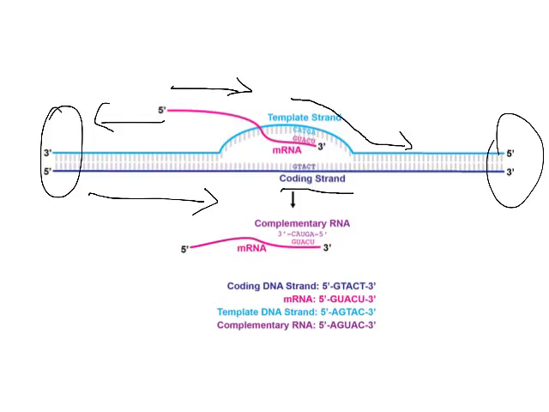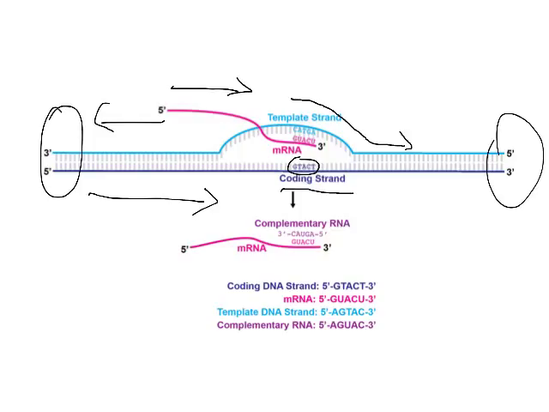So for example, on the coding strand, you'll see that it is 5' to 3' GTACT. The RNA that's being made has that same sequence, except of course we're substituting uracils for thymines, so it has GUACU. So if I want to know what the mRNA is going to look like, I don't look at the template strand, I just look at the coding strand because it is already anti-parallel and complementary to the template strand, just the way the RNA is going to be.